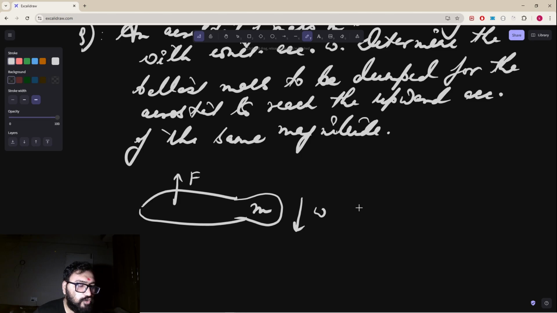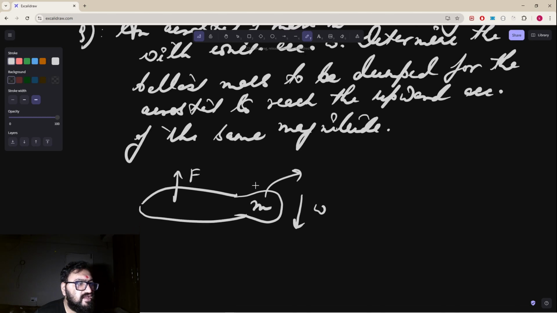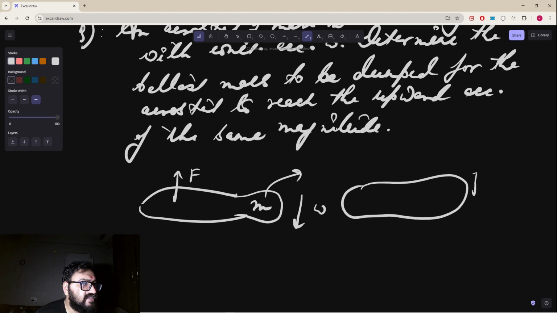I need to find out the mass that needs to be thrown off from this aerostat, which will lead to motion with an upward acceleration of omega.